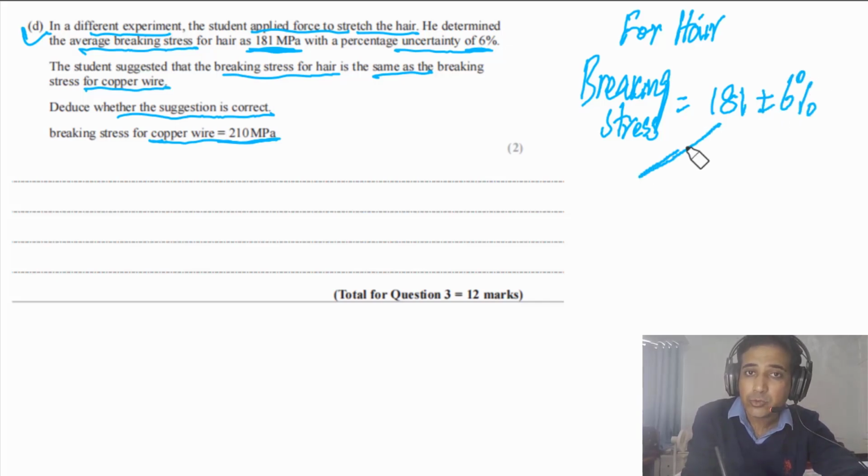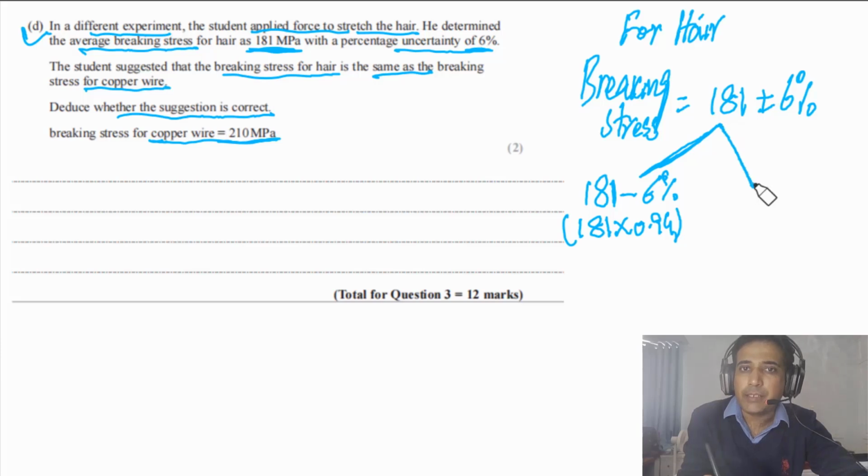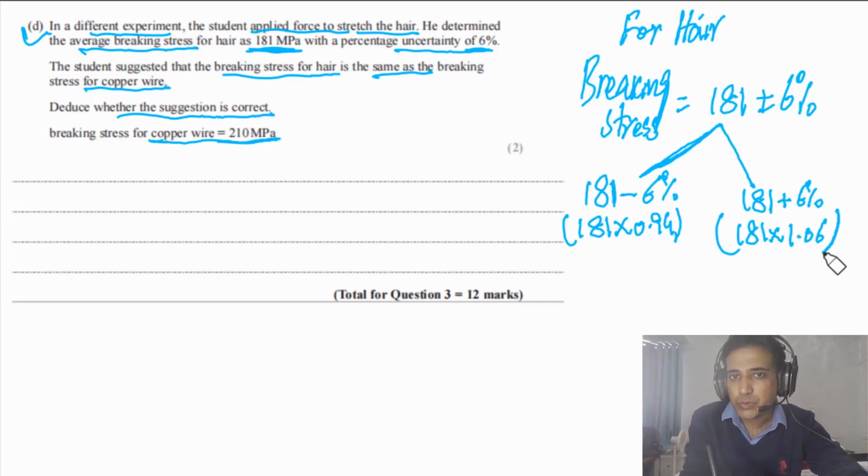It means that the actual value of breaking stress is between 181 minus 6%, which means 181 multiplied by 0.94, and the upper limit is 181 plus 6%. It means 181 multiplied by 1.06. So this is the lower limit and this one is the upper limit.